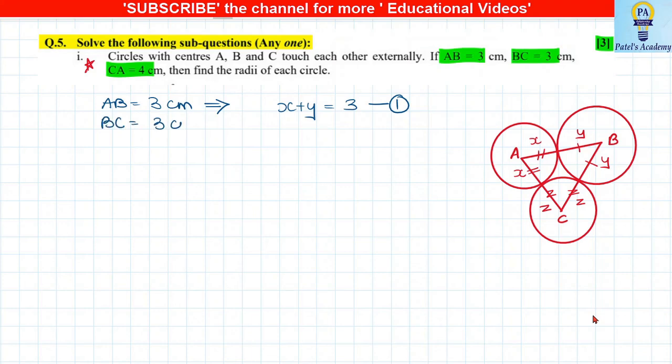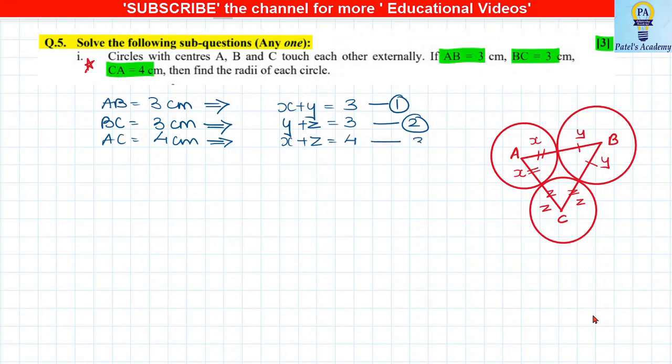BC is again given as 3 centimeters. Again see the figure, students. BC is nothing but y plus z, that is 3 centimeters. I'll mark it as 2. AC is 4 centimeters. Let's see the figure. Again AC is nothing but x plus z is 4 centimeters.